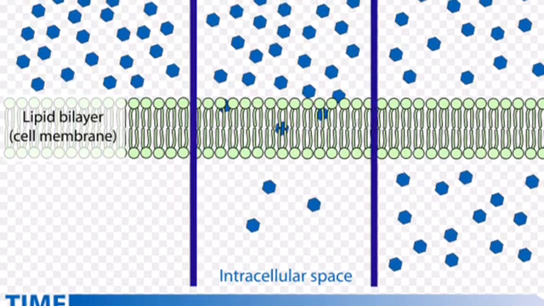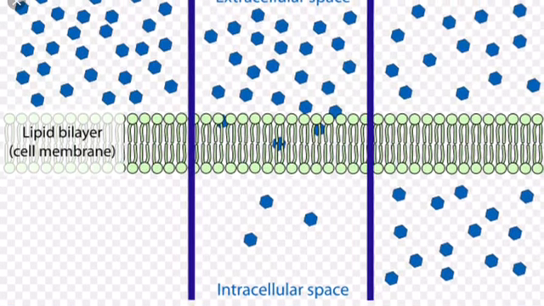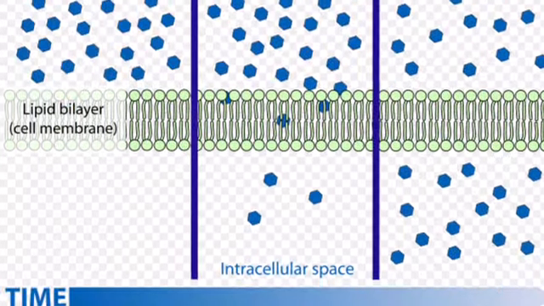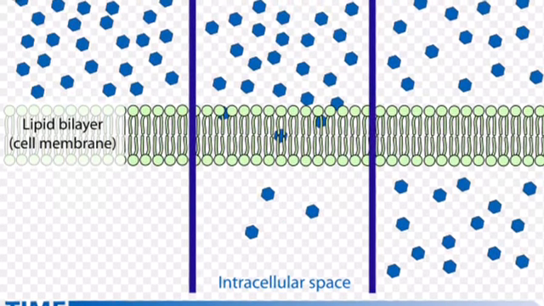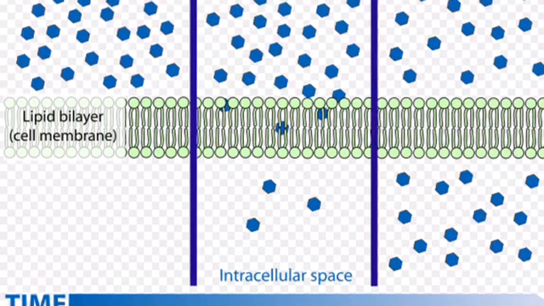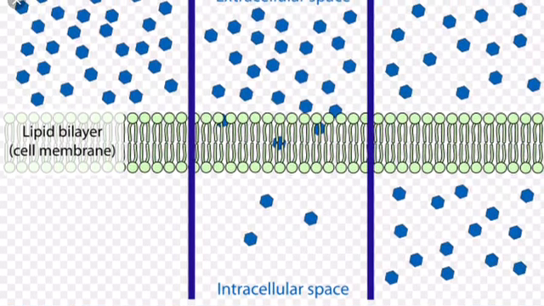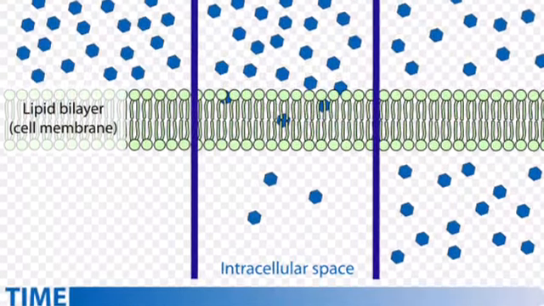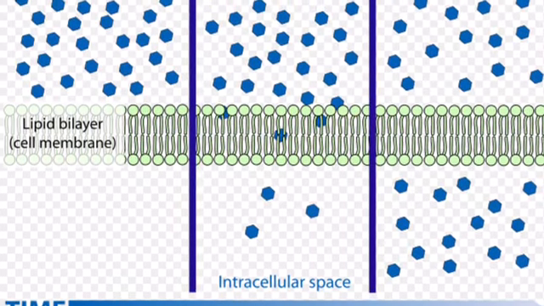We're going to start with three forms of passive transport, which requires no energy, and molecules are moving from a high concentration to a low concentration, down the concentration gradient, which means that we're going to start with simple diffusion.